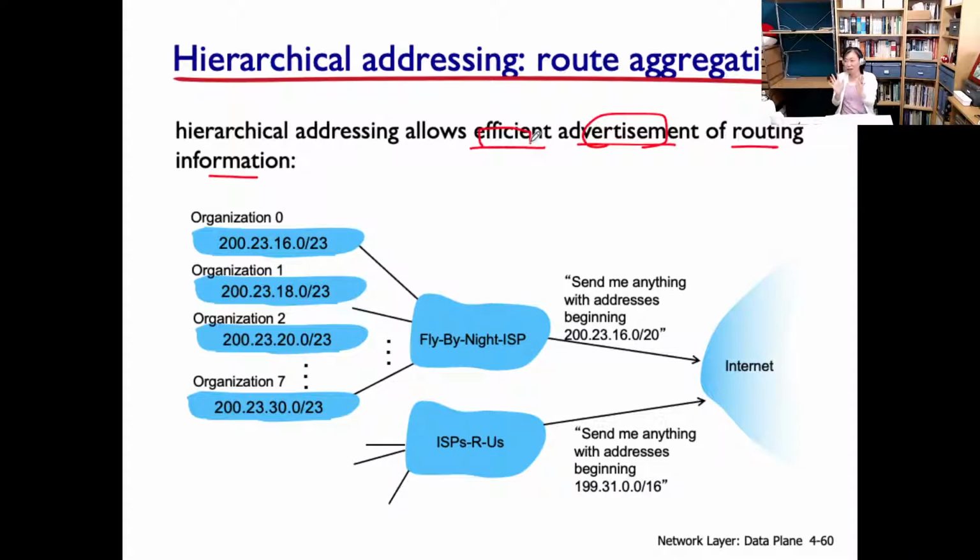But in order to make sure that you see the benefit, I have to explain a little bit how internet routing works at a very high level, between the domains, between the ISPs, between the ISPs and the internet backbone.